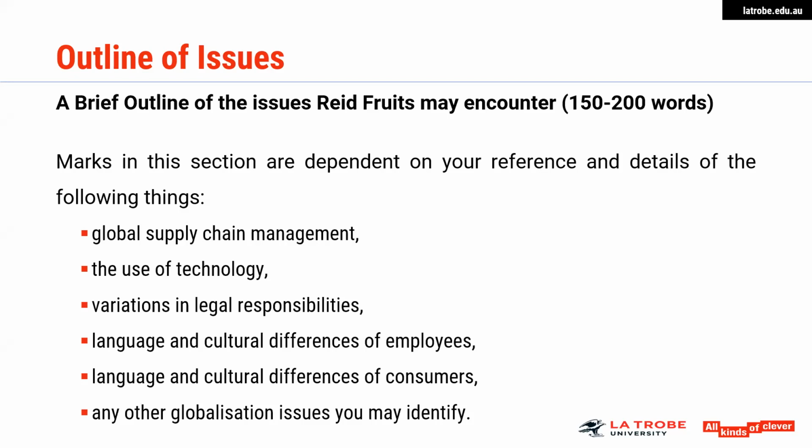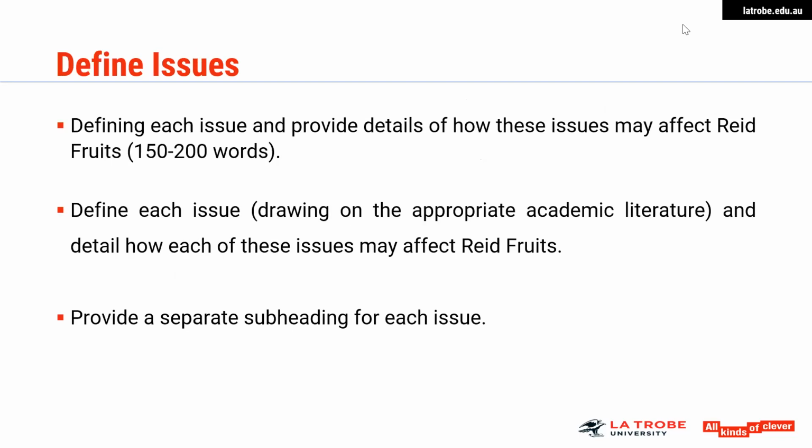So when you're explaining language and cultural differences, be specific about whether it's the differences of employees between the host country and the home country, or whether it's the consumers in the new country that the company is expanding into. Then use the opportunity to put in any other globalization issues that you may have identified in your weekly readings, and put that in there as outlining the issues as well.